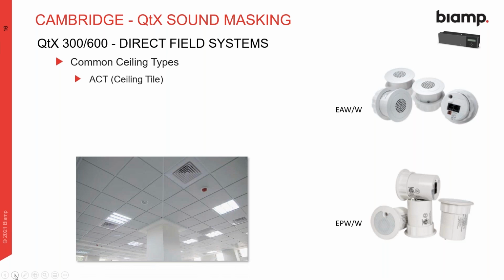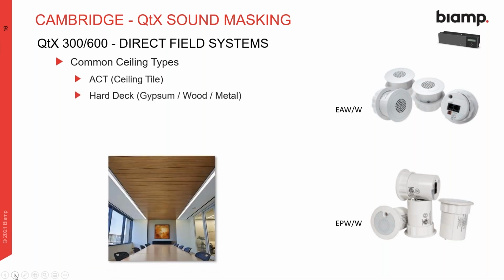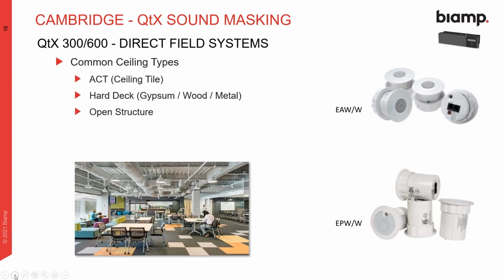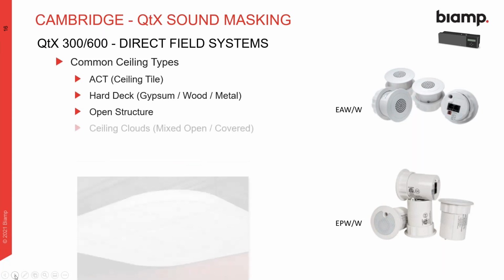We still, again, back to our emitter types, have the standard emitter and the active emitter. These are products that we use typically in ACT ceilings, but they are also very useful in multiple ceiling types, such as hard deck and open structure. We do a lot of open structure with our emitter products.